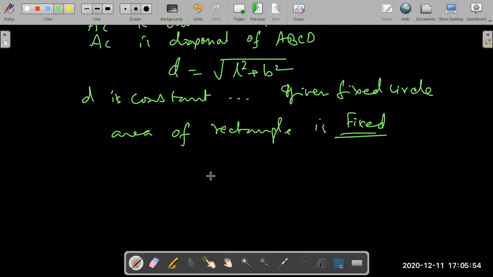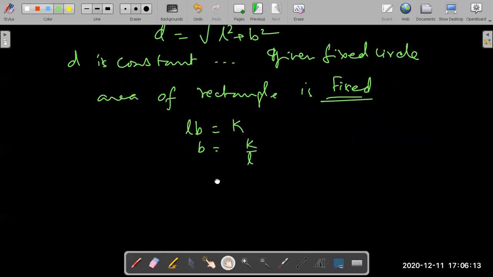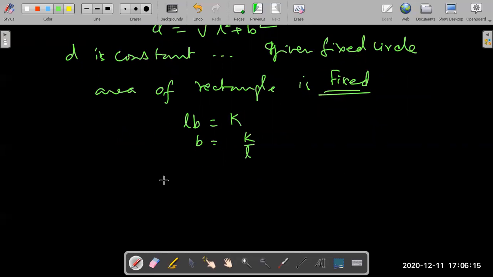So what does it mean that the area of this rectangle is fixed? L into B is a constant. So if I have one of them, the other one will be known to you. So B is equal to K by L. Now substitute that into D equal to square root of L squared plus B squared.